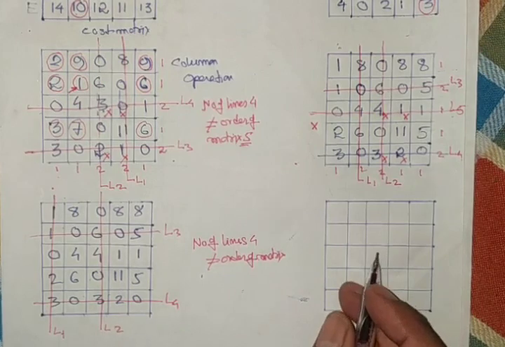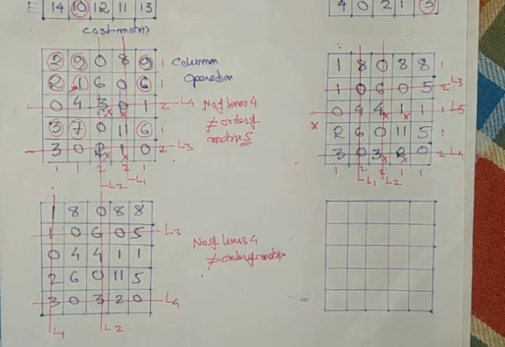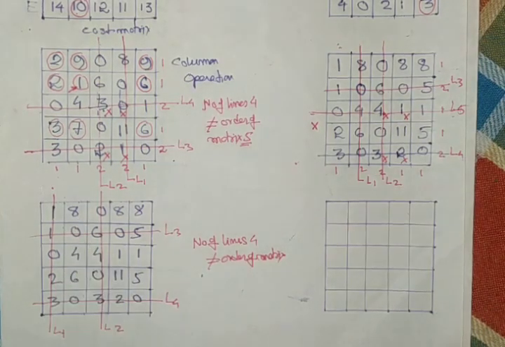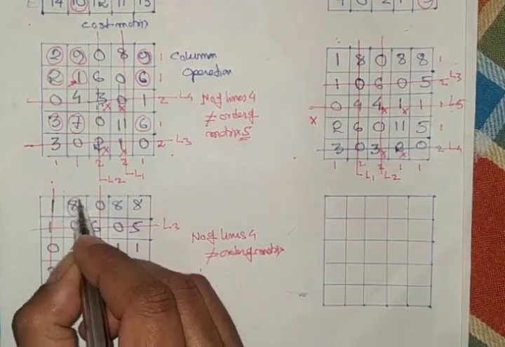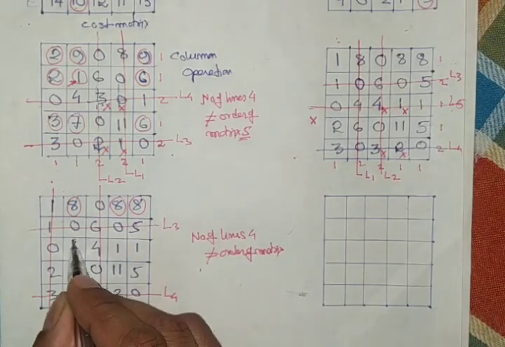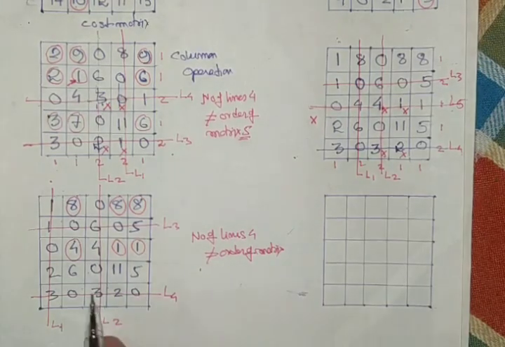After that you have to follow the same procedure. At first you have to find the uncovered elements of this particular matrix. So the uncovered elements here are 8, another 8 here. Then this is 4, this one, another 1.